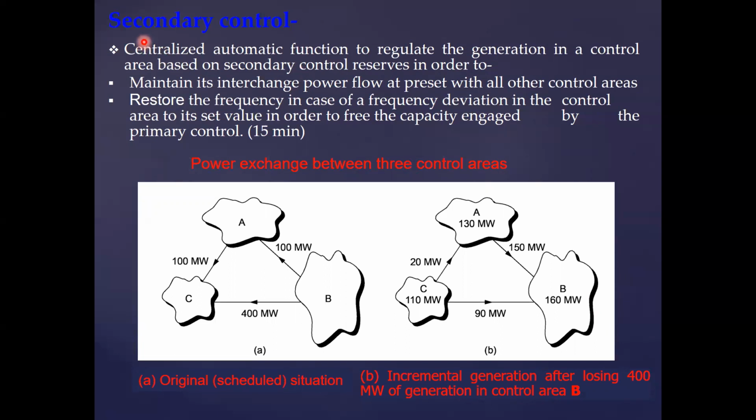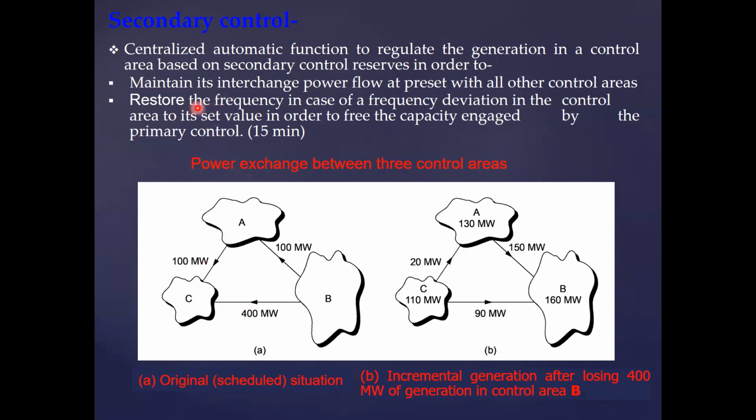So the objective of the centralized level control will be to schedule the amount of power exchange between the control areas, because each area is defined as a control area here. One objective is to schedule the amount of power flow through the lines that connect the control areas.